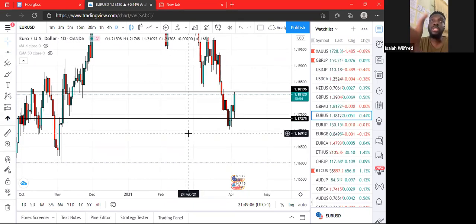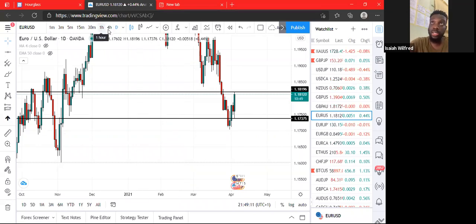So from the daily time frame, we are now going down to the 1 hour time frame. I don't like to look at the 4 hour; you can actually do it, but let's say I draw support and resistance on the daily time frame, then I drop to the hour time frame, 15 minutes, then 5 minutes.